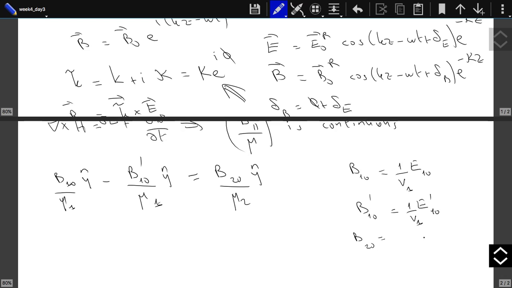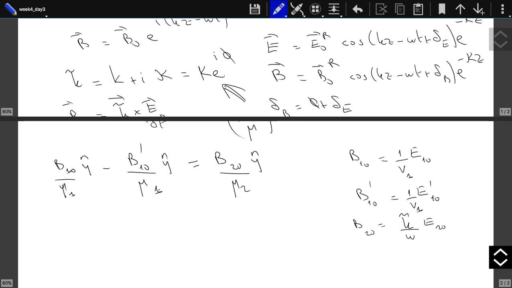B20 is E20 multiplied with K tilde over omega. So that is what we need to put over here now. So these are the relations we have.